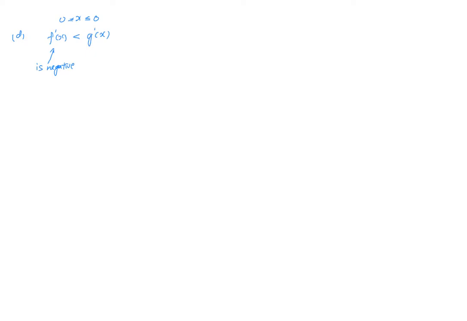Because the shape is concave. Yeah, because the shape is convex, going down. This is my fx graph. And my g prime x, I know is positive. Do you know why?